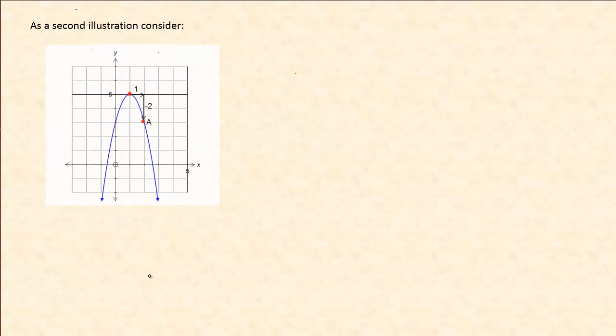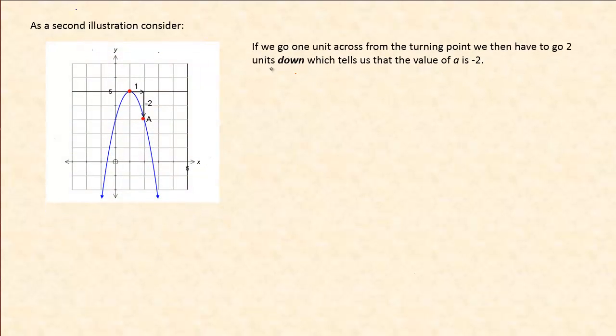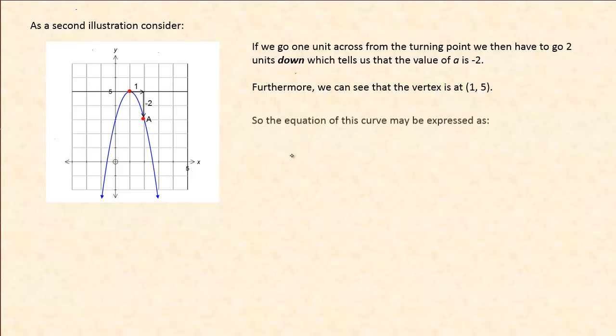As a second illustration, consider this graph here. If we go 1 unit across from the turning point, we have to go 2 units down, which tells us that the value of a is -2. Furthermore, we can see that the vertex is at (1, 5).